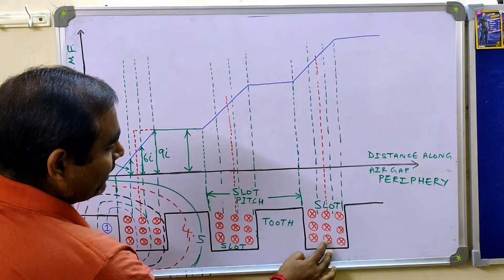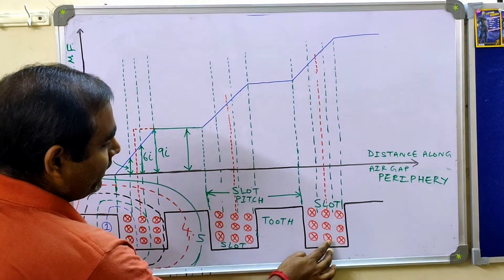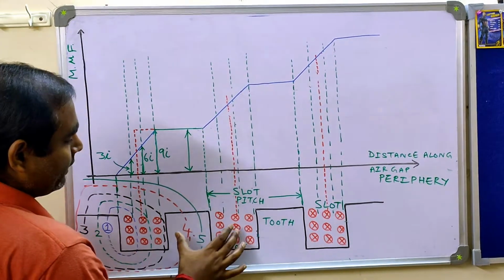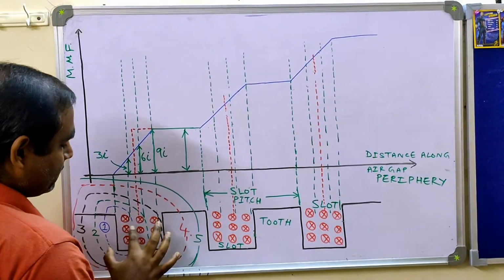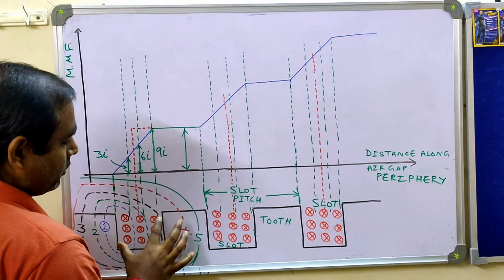The current polarity for this slot would be opposite to the current polarity of the conductors placed in these 2 slots.